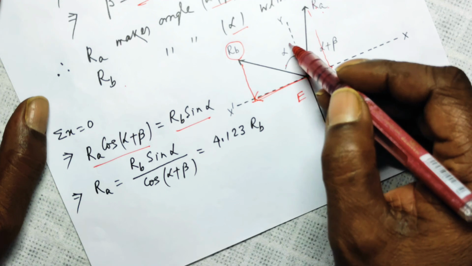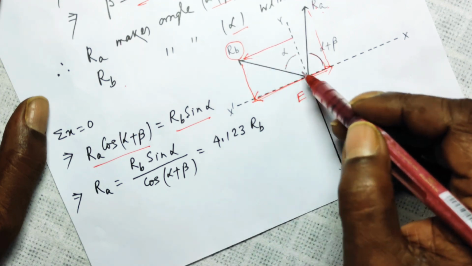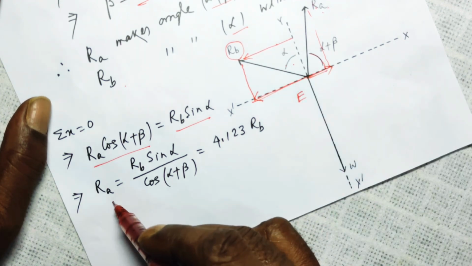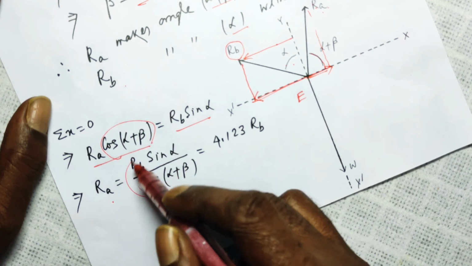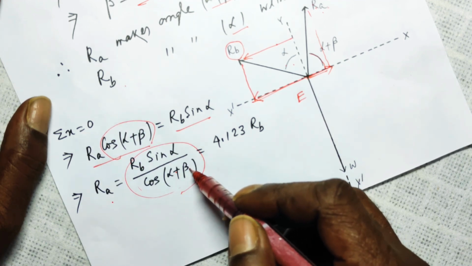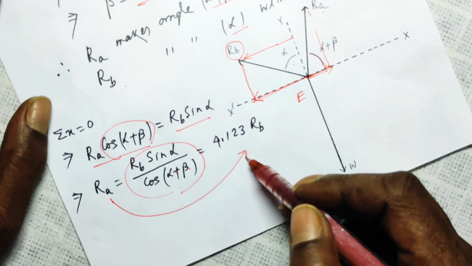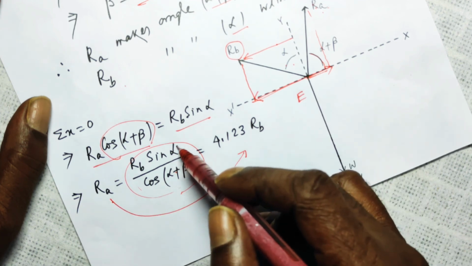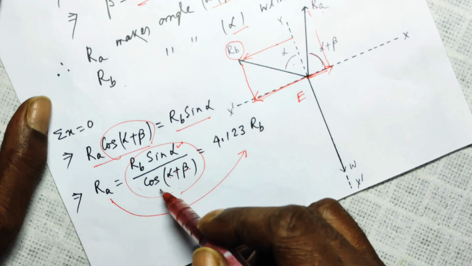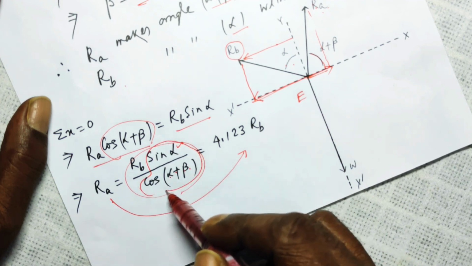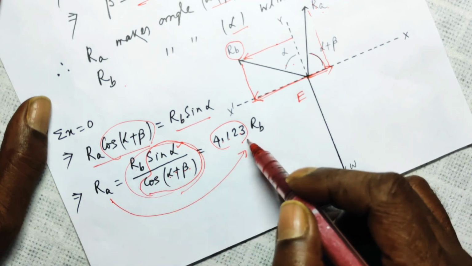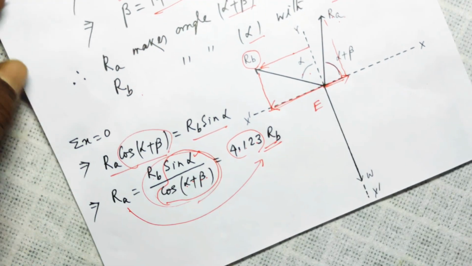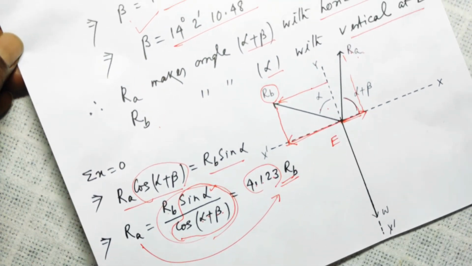So RA comes out to be, by bringing the terms to the right hand side, alpha and beta are already found out. So RA is equal to, put the value of alpha, put the value of beta, then this value comes out to be 4.123 times RB.